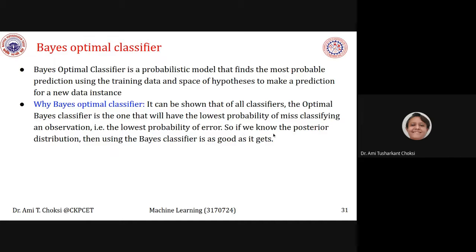So, if we know the posterior distribution, then using the Bayes classifier is as good as it gets, right? So we can say the optimal classifier, why is it called so? Because it finds the most probable prediction using the training data and space of hypothesis to make a prediction for a new data instance.